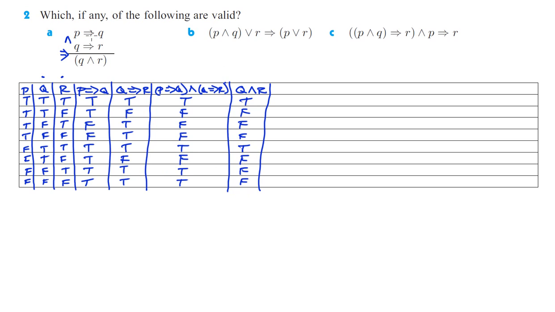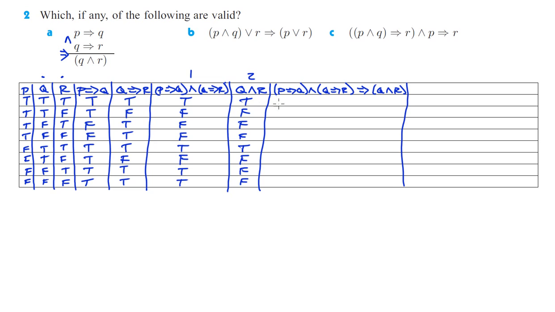So now we have P implies Q and Q implies R. That is our if statement, and then our then statement is Q and R. So it's these two together. We've got this big whole mess to write together here: P implies Q and Q implies R, does that all imply Q and R?